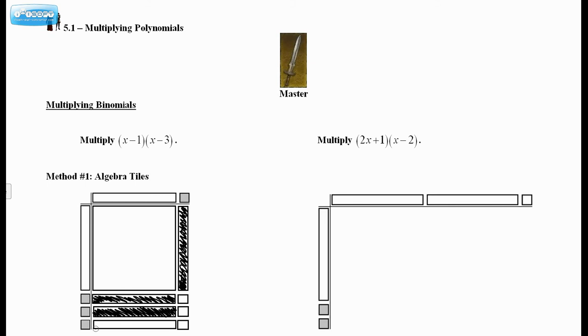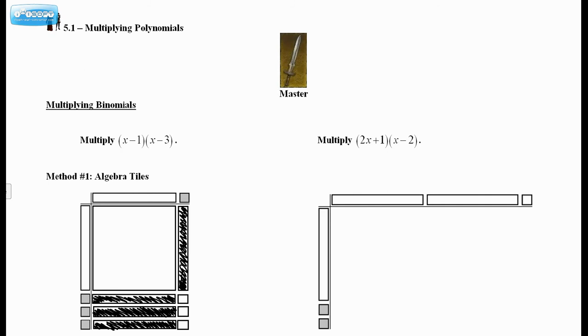There you go. Then these little unit squares here were a minus 1 times a minus 1. A negative times a negative is positive, so all three of these have to remain white. So we are actually done.